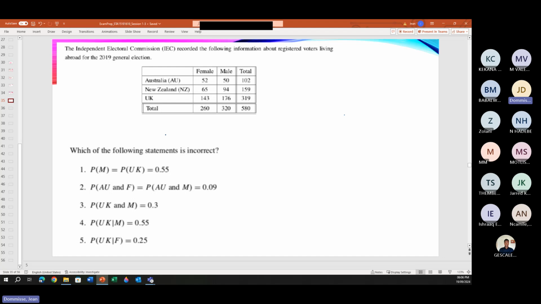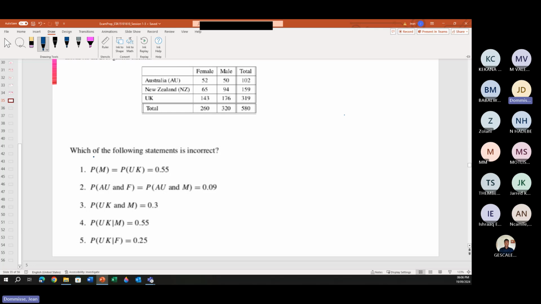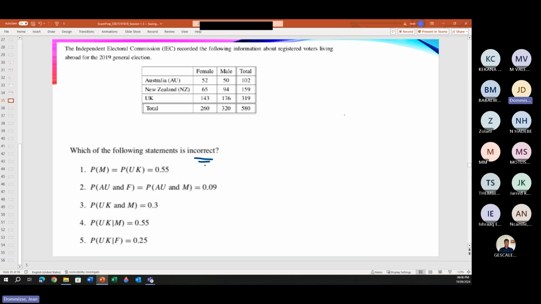But let's look at the questions that they've asked in this one. Probability, which of the following statements is incorrect? Okay, so first, now again, the incorrect one. That's probability of one thing, probably easier to work out. Okay, there's ands, might also be easier. And okay, here's a given, so a bit more difficult to work out. So let's first do the first one.